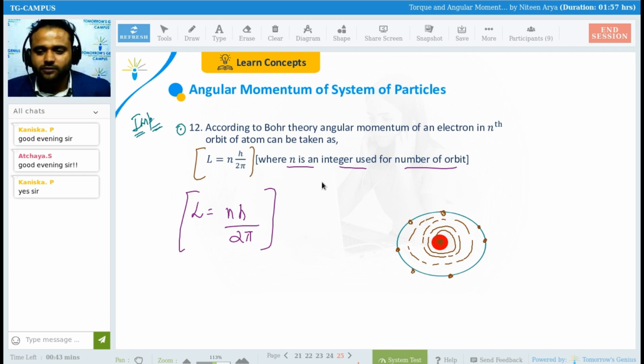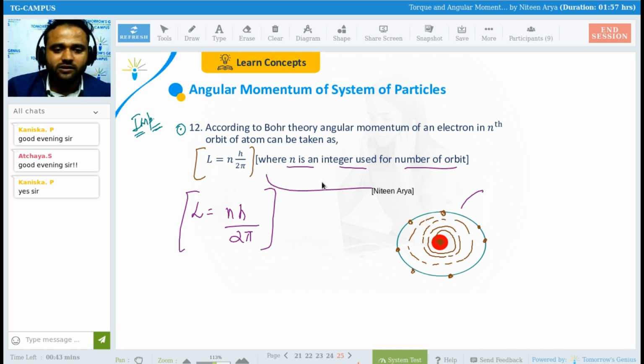Means only in a few specific or special types of orbits can electrons revolve, not in all. In these they are going to revolve continuously, and that is why the stability of an atom exists. Okay, so this is very important when we learn the atom chapter again.